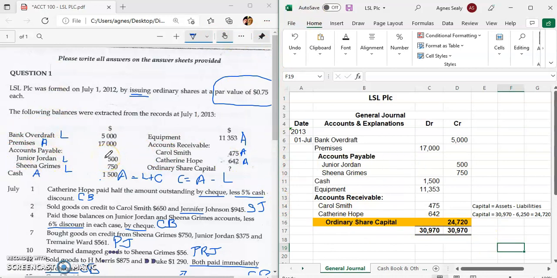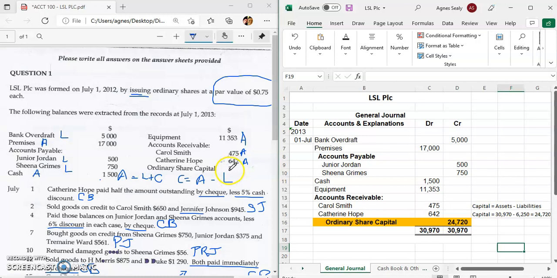After we record our opening entries, we go into the transactions for the month of July. Our first transaction states Catherine Hope paid half the amount outstanding by check. So we have to look to see how much Catherine Hope owes, and we see that she owes $642.